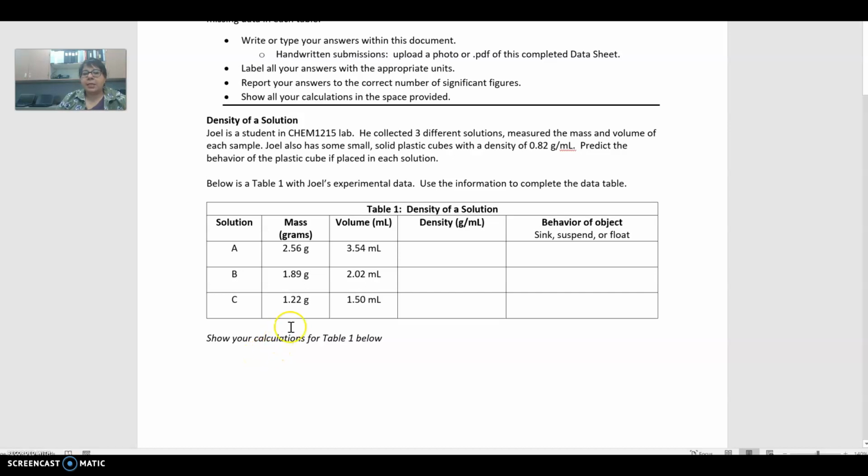The only thing is that you're going to have to calculate the density of solution A, solution B, solution C. You'll have to calculate the density and then tell me, based on your calculation and based on this number right here, whether you would expect that little tiny cube to sink, float, or be suspended.